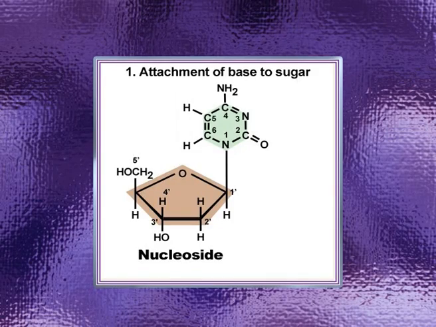The bases, which are heterocyclic in nature, are added to the sugar with the help of a covalent bond. The covalent bond in this case is known as the N-glycosidic bond. Why? Because the bond is formed between the carbon atom of the sugar and the nitrogen atom of the purine or pyrimidine. Accordingly, it is known as the N-glycosidic bond.